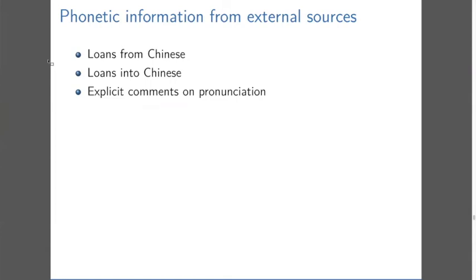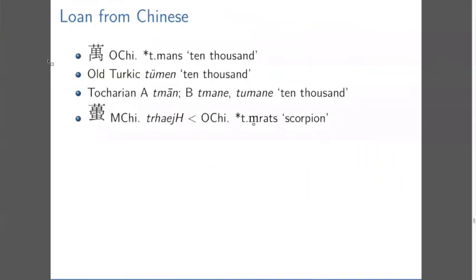So now just a few words about phonetic sources, external phonetic sources. We have loans from Chinese into other languages and loans into Chinese, and then some explicit philological comments about pronunciation. So loans from Chinese into other languages.